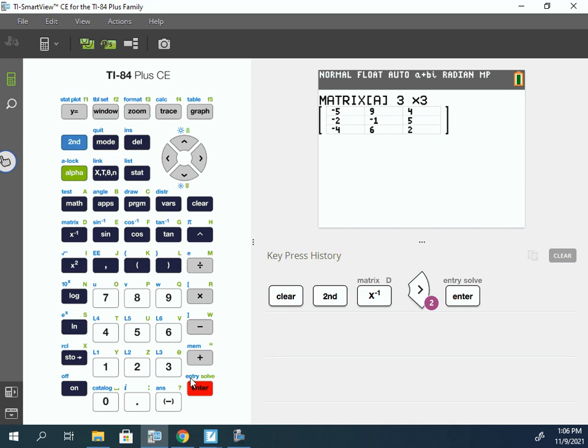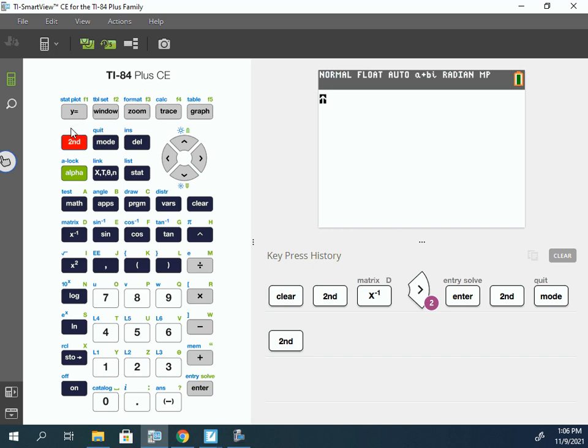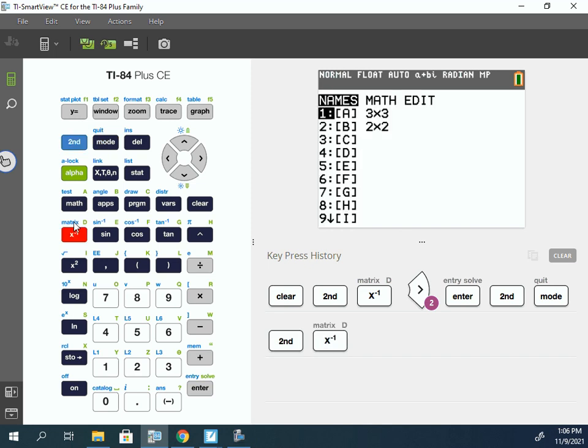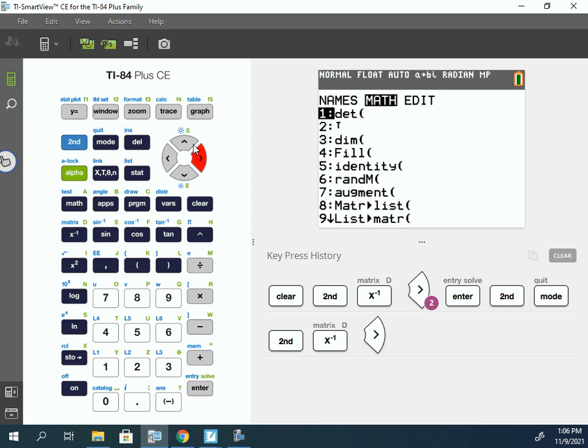Because once we get this plugged in, we can do second quit. At this point, we're going to go second matrix. And this time we're going to go over to math. We want determinant. Determinant is going to be our DET, which is the first one on the list.